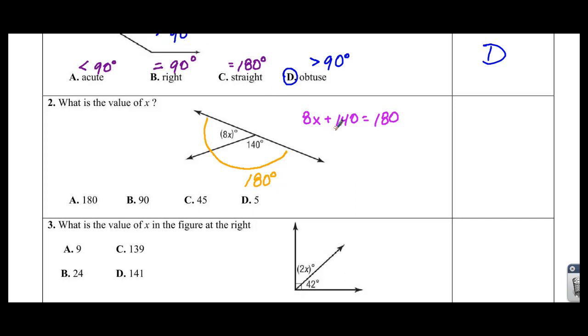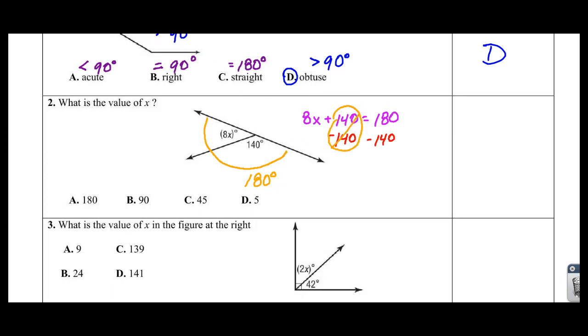So we're going to go through, we're going to take away the 140. Remember, since we're dealing with all whole numbers, we can go ahead and show it as subtraction. And that's going to cancel out. So all of this cancels.